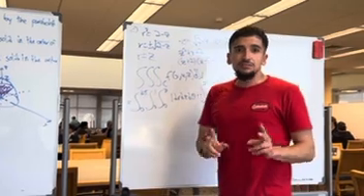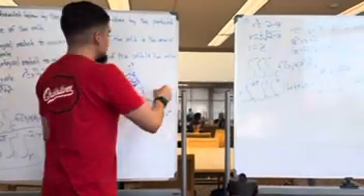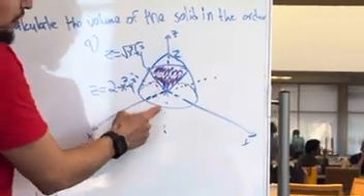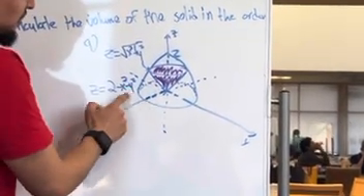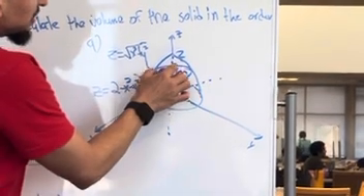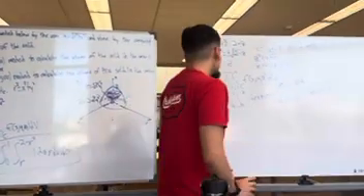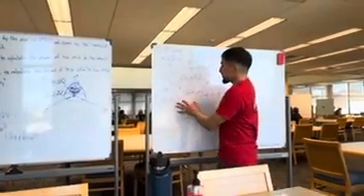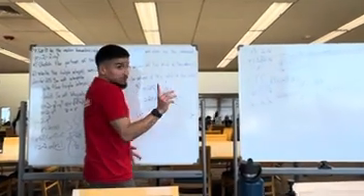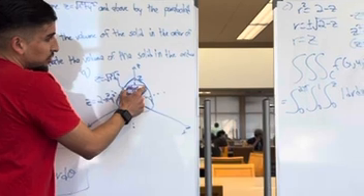But in this case, we need 2 triple integrals, because as you can see over here, the region changes from the paraboloid to the cone, and the cone to the top of the paraboloid. So for our first triple integral, our r would be from 0 to z, since r always starts from the origin, so 0 would be here, and our upper r is the cone.